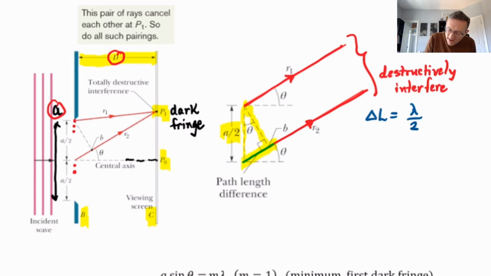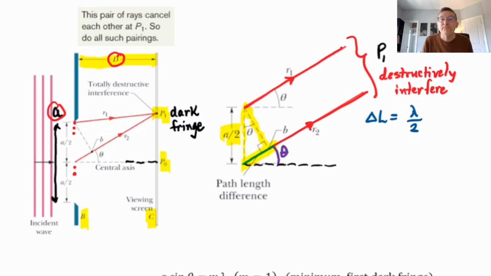And if we take the angle theta, this is important, to be the angle between the dashed horizontal line going across to the middle, called the central axis, and the line going up to point P1, up here, that's the angle theta, then that angle theta is also this angle here.